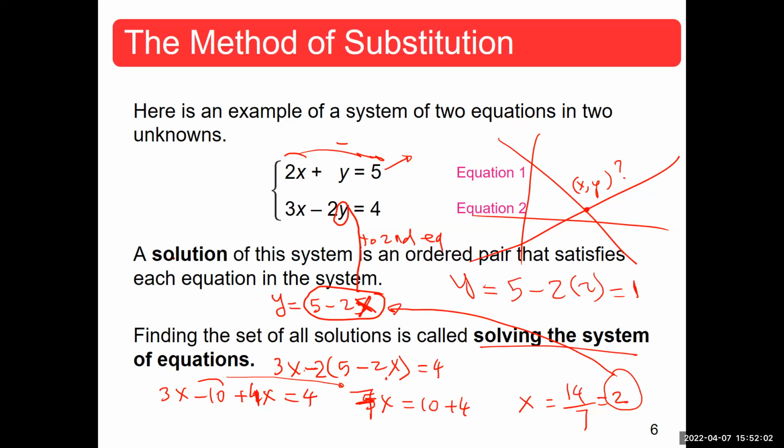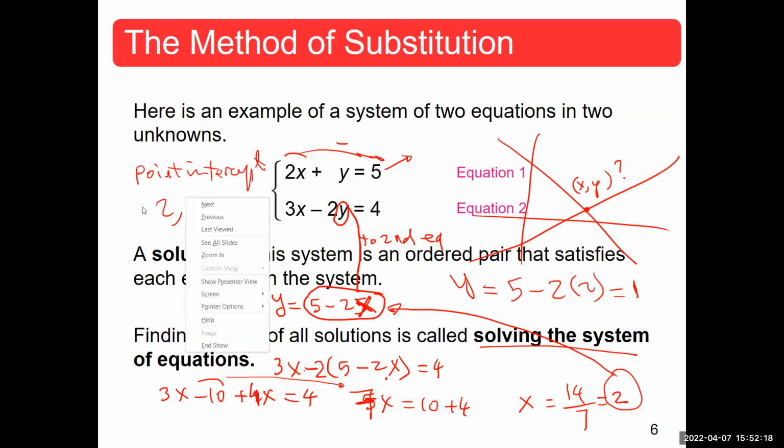Done. So what's the point of intercept? The point of intercept is 2, 1. Your answer should be looking like that.